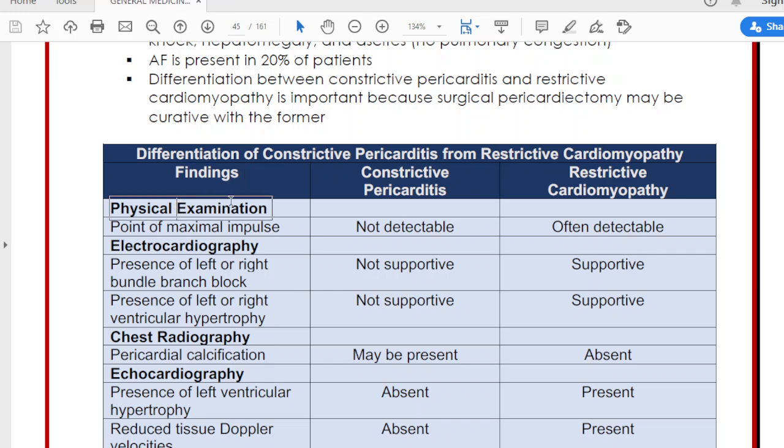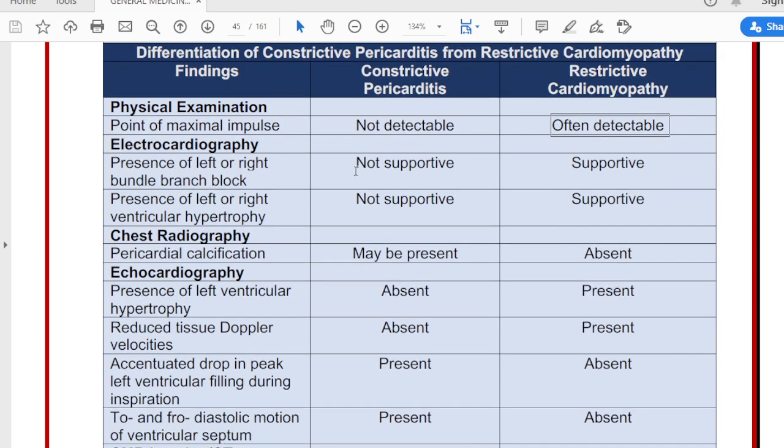Differentiation of constrictive pericarditis from restrictive cardiomyopathy. Findings. Physical examination. Constrictive pericarditis: point of maximal impulse not detectable. Restrictive cardiomyopathy: often detectable. Electrocardiography. Presence of left or right bundle branch block: constrictive pericarditis not supportive, restrictive cardiomyopathy supportive.